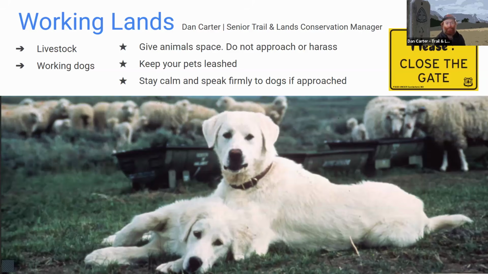So they just ask that you please put your umbrella away and maybe approach more cautiously and slowly so they can get used to you and they won't be spooked. Sometimes spooking the livestock can cause stress and can be really harmful, especially to the young animals. And please don't harass them if you see them out there.